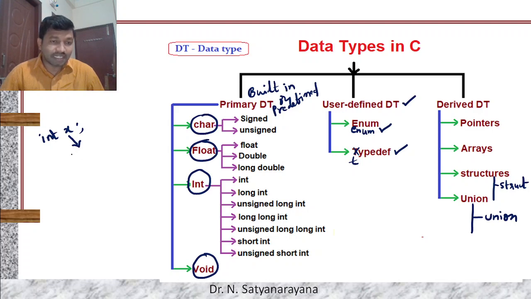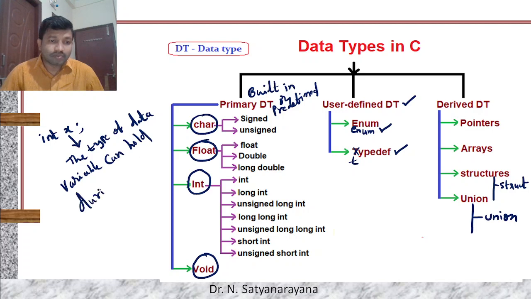So what does it mean? The implication is that the data type is telling the type of data a variable can hold during the execution of the program.